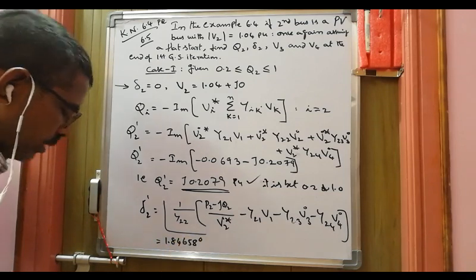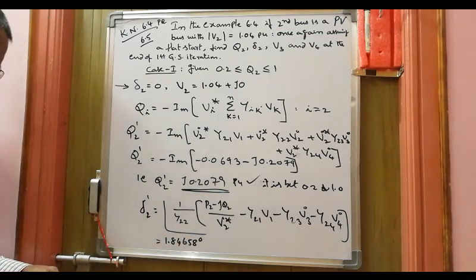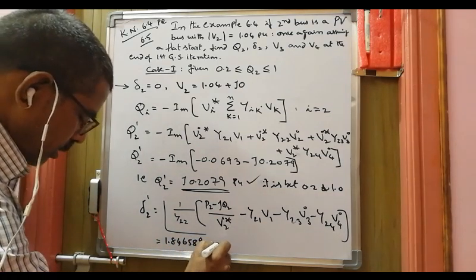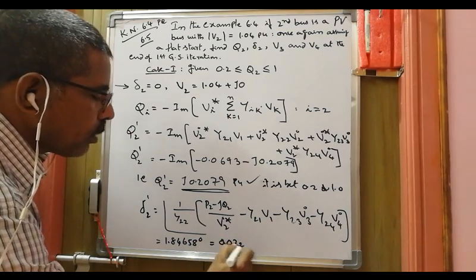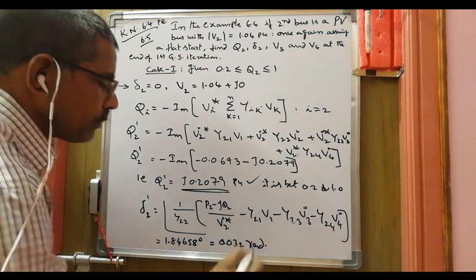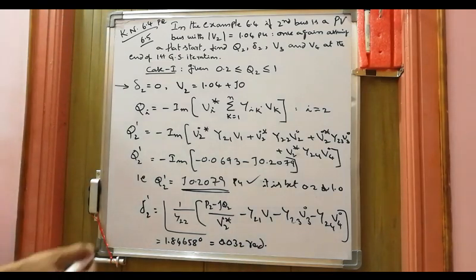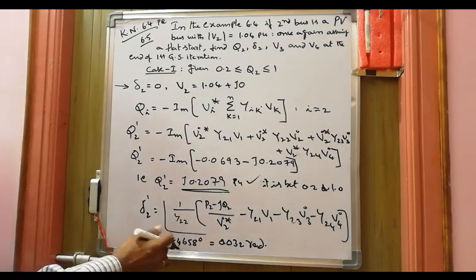1.84658 degrees, which is nothing but 0.032 radians. So how do you convert this? 0.032 radians, how are you getting this?